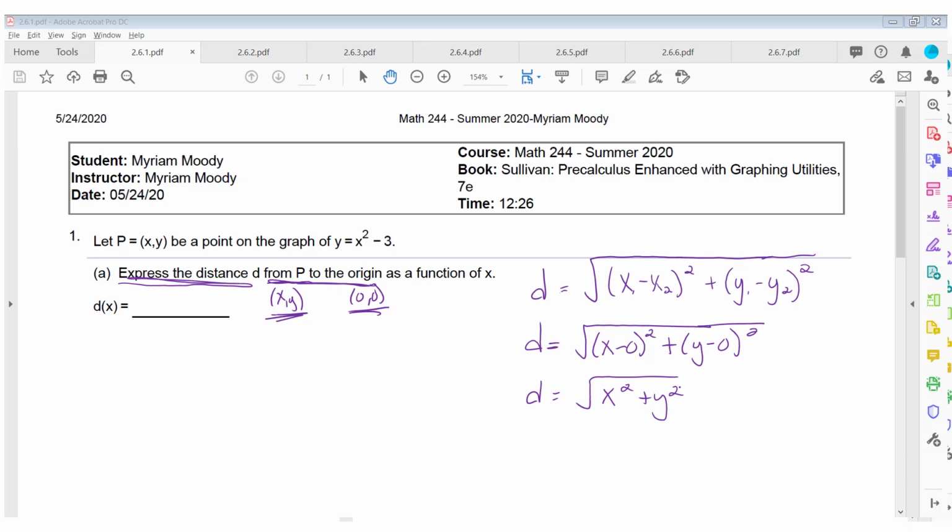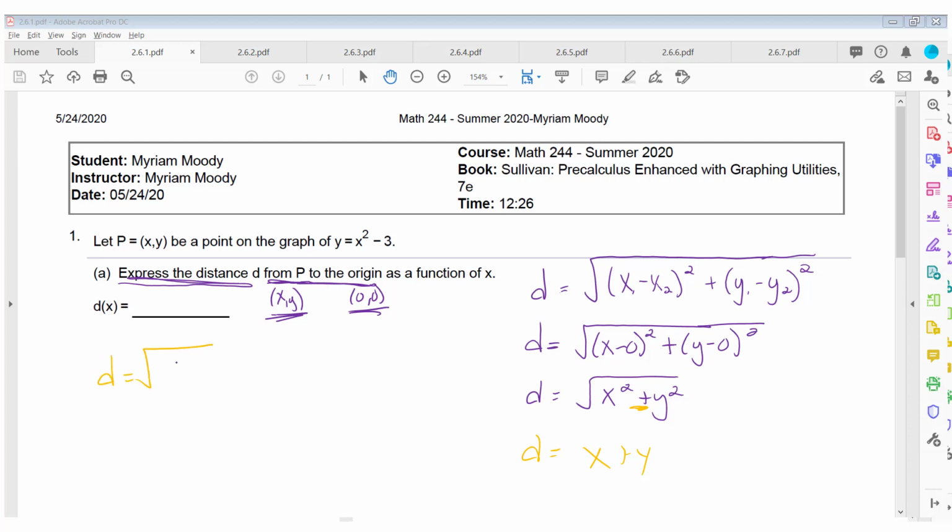Now, question for you. Do any of you think that this d equals the square root of x squared plus y squared could reduce down to x plus y? I know some of you said yes, some of you said no, and some of you are like, I don't know, sounds about right. Here's the deal. This addition sign acts like superglue. x squared and y squared are stuck together like superglue. I cannot look at them separately.